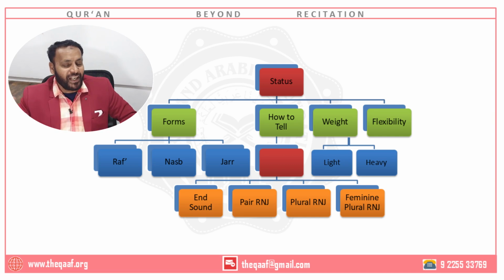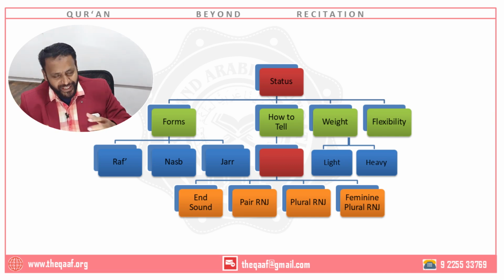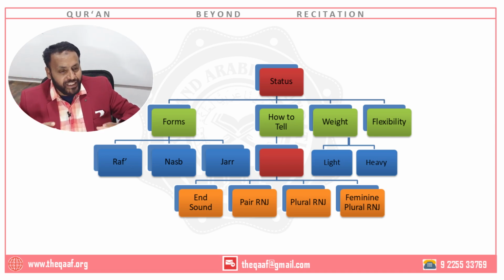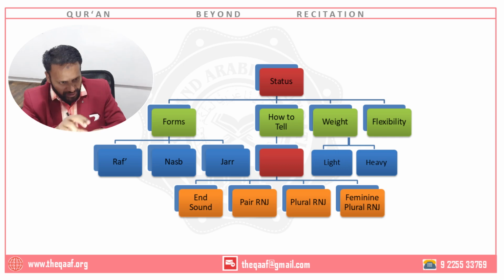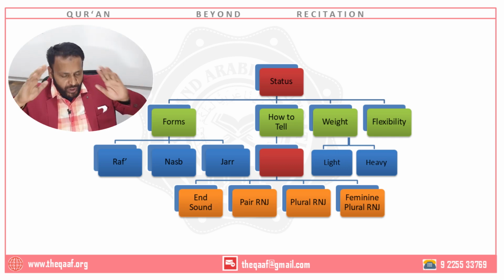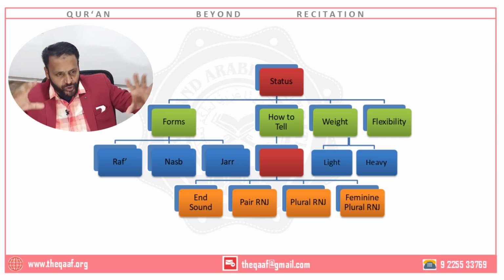Now what remains is the last item under status, flexibility. Once you look at this flowchart, you get an idea of where we started and where we are. This was helping me personally to understand the bigger picture, rather than the small individual isolated items. Now I know where my study is going and how I should relate to it.